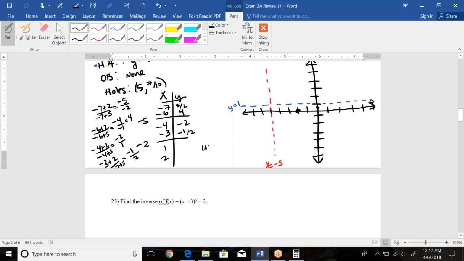Let's see, 1 plus 2 over 1 plus 5 is going to be 3 over 6, so that's going to be +1/2. And 2 plus 2 over 2 plus 5 is 4 over 7.